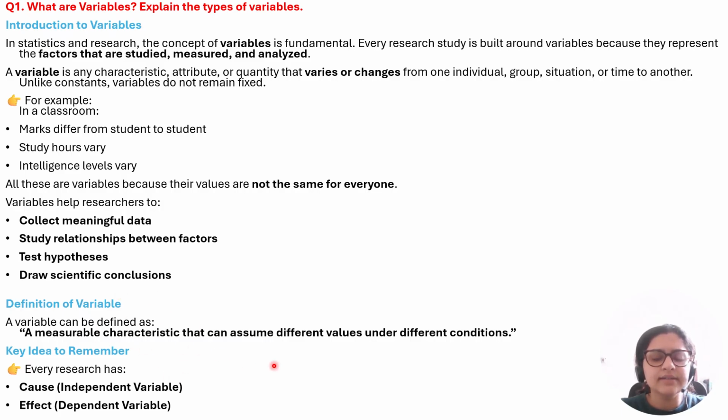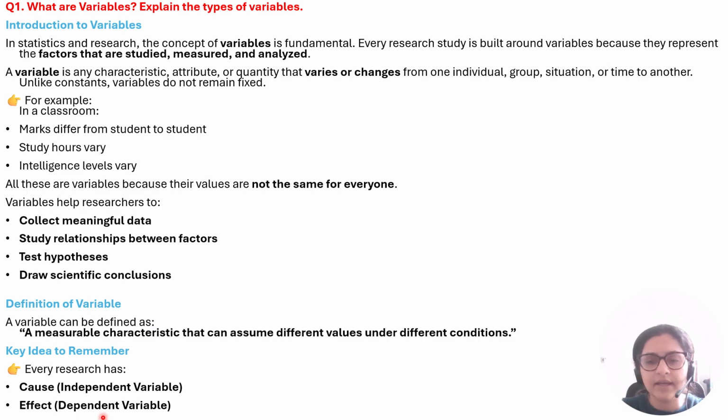This is the exact statistical definition of a variable. It is a measurable characteristic. It has certain value. It can be measured. It is a measurable characteristic that can assume different values under different conditions. Now, you have to remember that in every research, there are two variables, independent variable and a dependent variable.